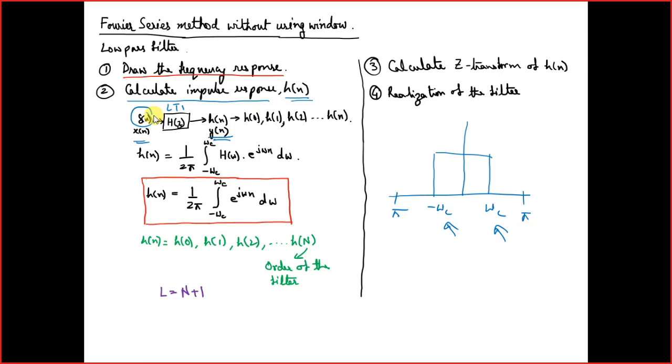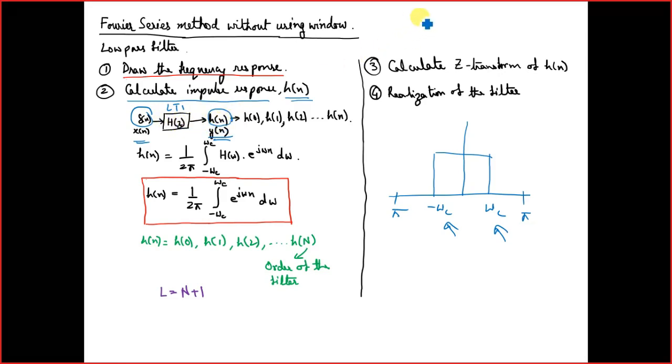Unit impulse, or simply impulse, or impulse signal or unit impulse signal, whatever you call it, both are correct. Delta n is the unit impulse input signal, and h of n is the impulse response.